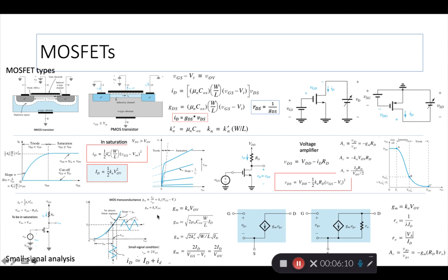We don't see that too much here obviously in this chapter, but in the next chapter, cutoff and saturation are important for switching operation. But here we work with cutoff and triode for switching operation. Remember, for MOSFETs, the saturation region is the important region because it's like the active region of BJTs.